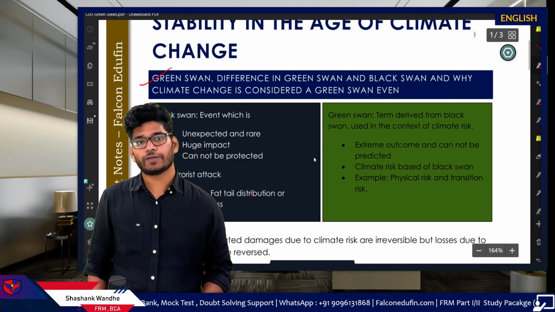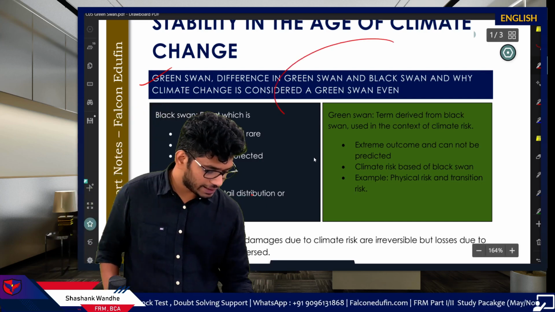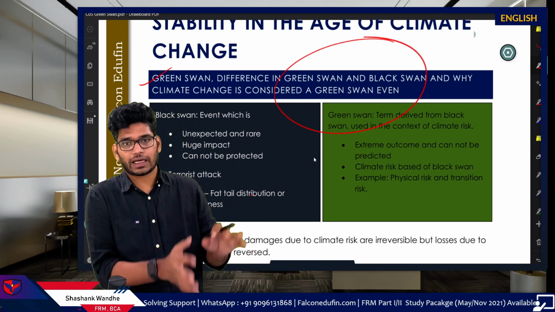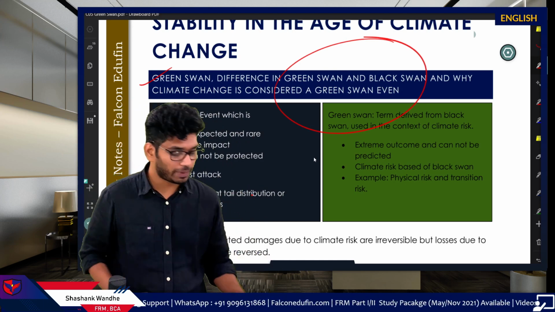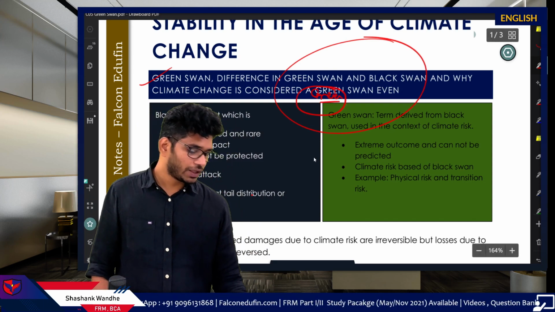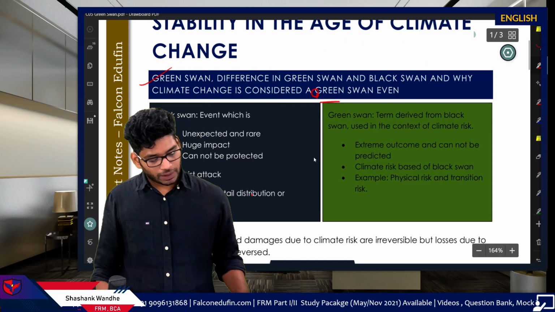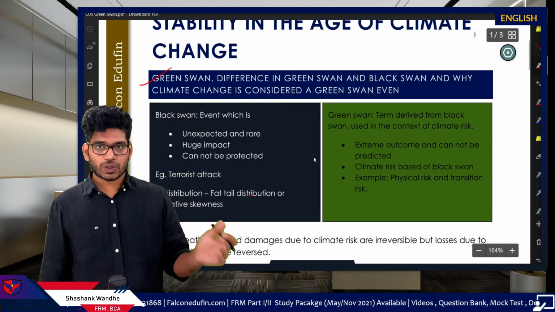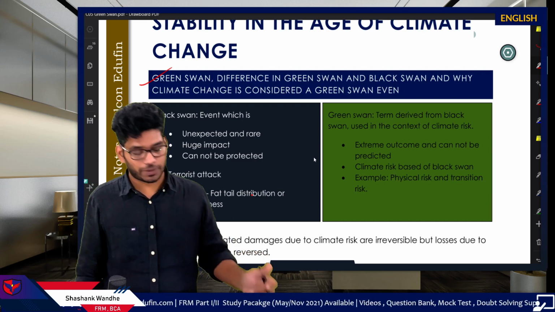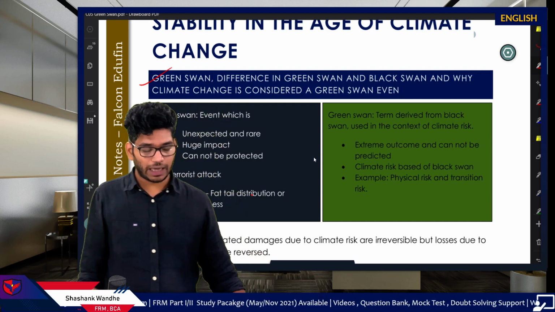Now, what is a green swan event? If this is the black swan, all these types of events, rare, unexpected, huge impact and cannot be protected against, then this is the subset of green swan. A green swan event is like a black swan event, but specifically relates to climate change. You can attribute it to climate change.